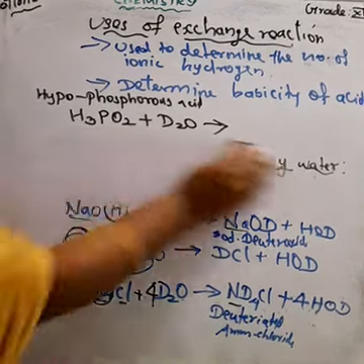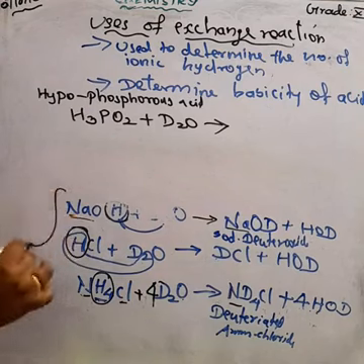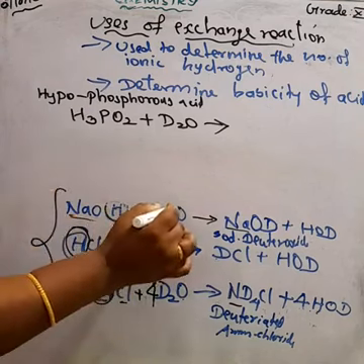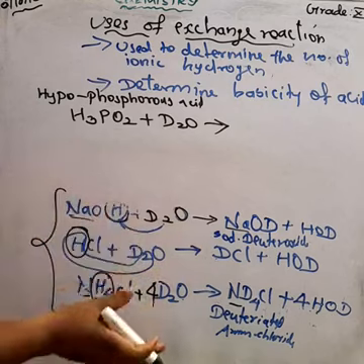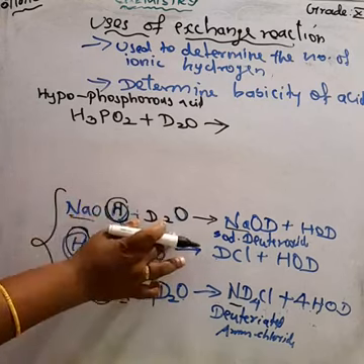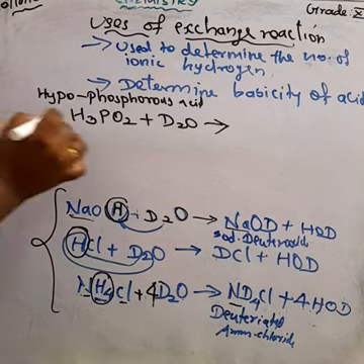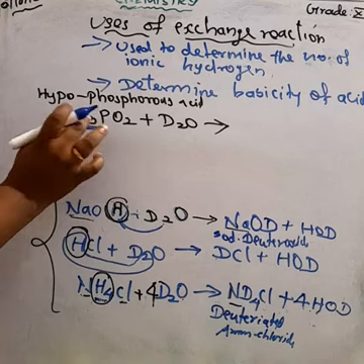In the reactions we studied before, all the hydrogen atoms in a compound were completely exchanged by the deuterium in heavy water. But here only one hydrogen is replaced by the deuterium in heavy water. H3PO2 means hypophosphorus acid.